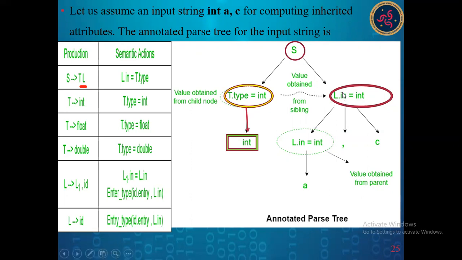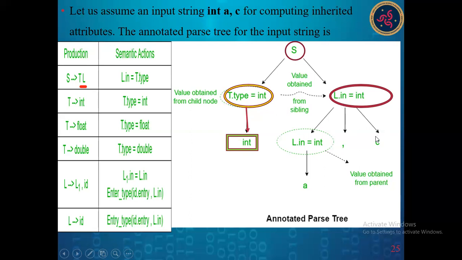Now I am expanding my L node by using the productions. This L can give L comma ID, right? So I am giving L gives L comma ID. Again I am taking L gives L comma ID.